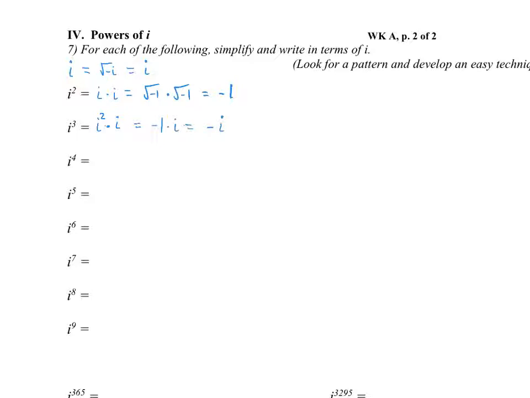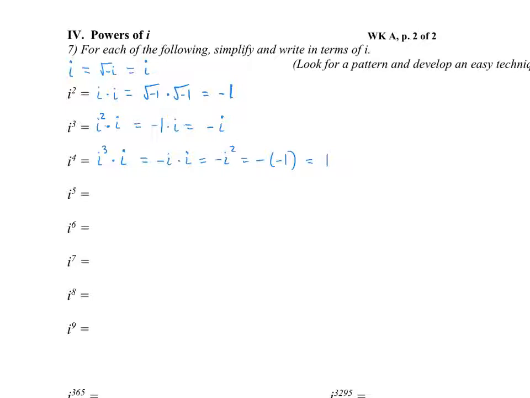So i to the third simplifies to negative i. i to the fourth, that could be i to the third times i, which is negative i times i, which is negative i squared, which is the opposite of negative 1. Remember, back up here, i squared was equal to negative 1, which is 1. So i to the fourth simplifies to 1.